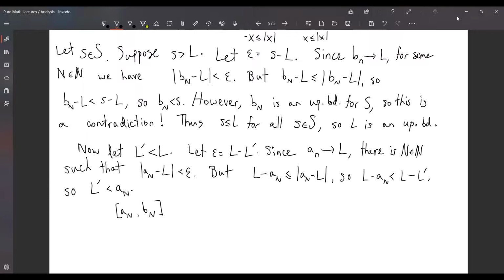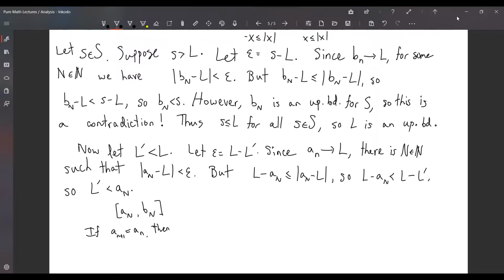But if a changes, if a sub n plus 1 equals a sub n, then we'll sort of work by induction, right?